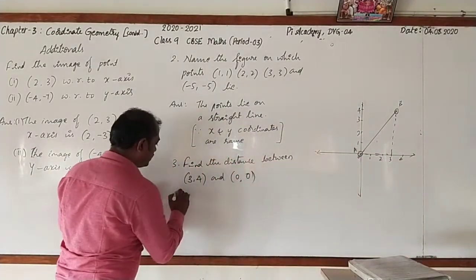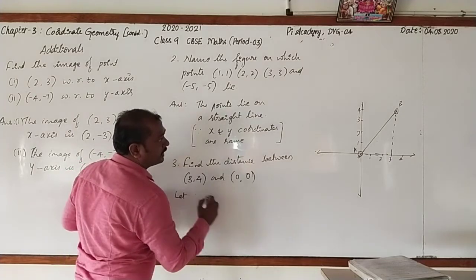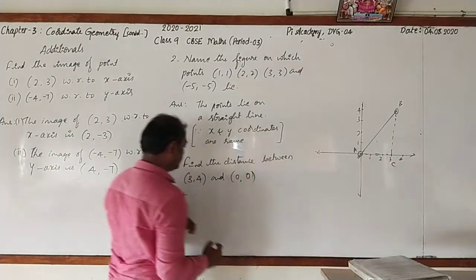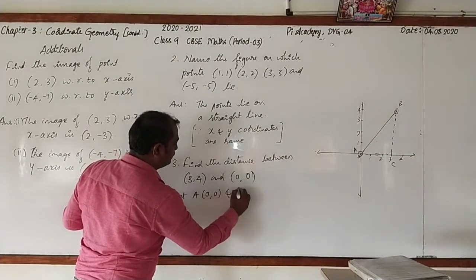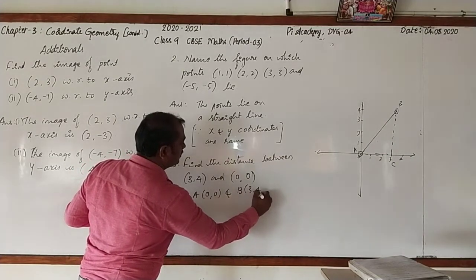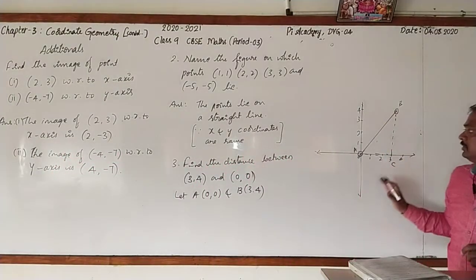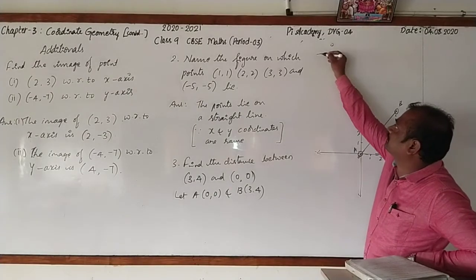So here I will call, you may call this as A, this as B and this as C. Look here. Let A be (0, 0) and B be (3, 4). Then you will go for drawing this on the right side. Then after that you go for calculation.